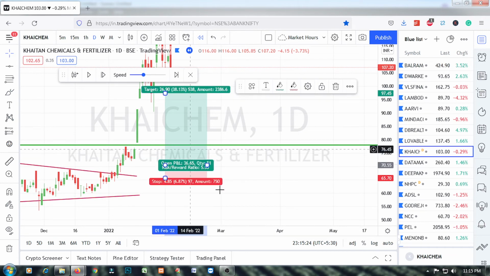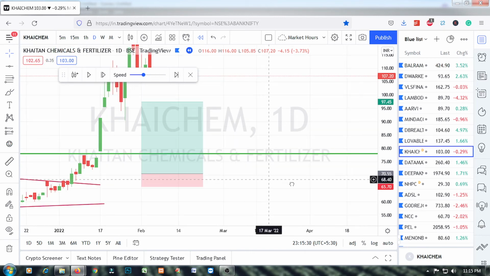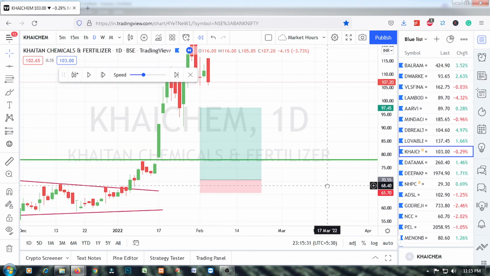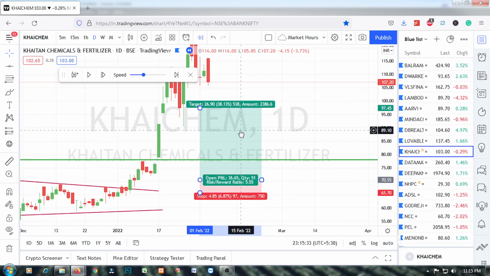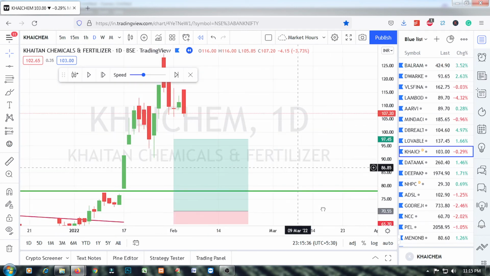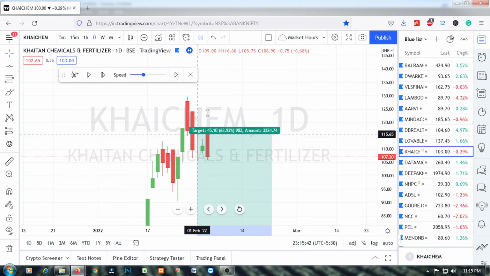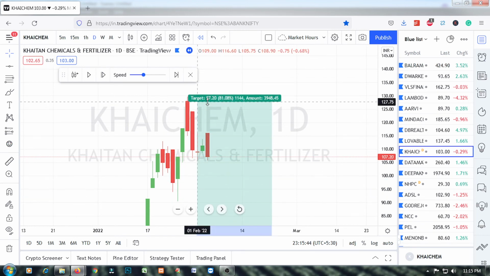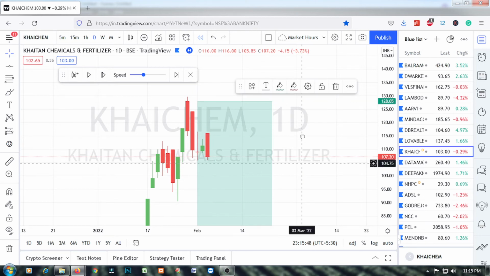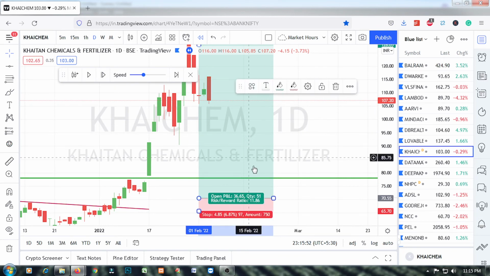It has given a 1:5.5 ratio, which is a very good risk reward ratio. If you hold the stock for a few more days, the maximum it has given is 80%, 81% returns, with a risk reward ratio of 1:12.